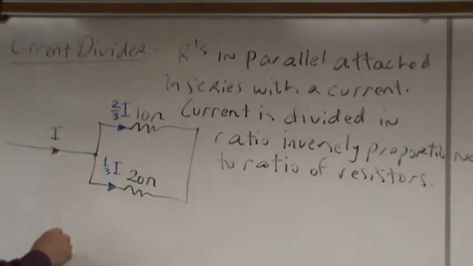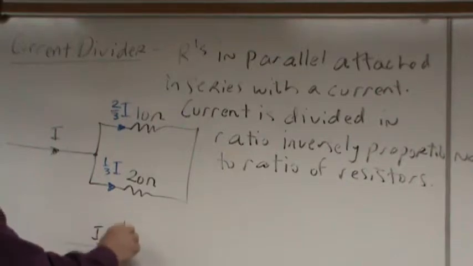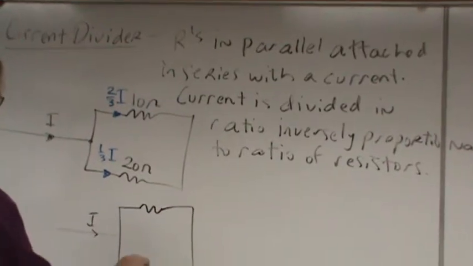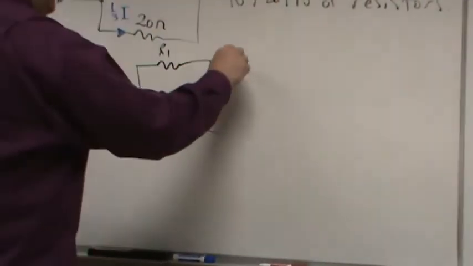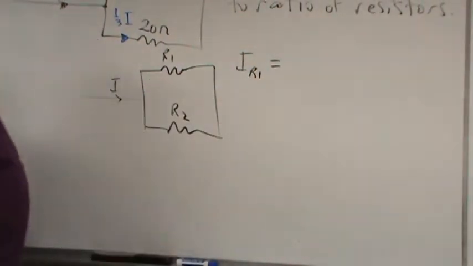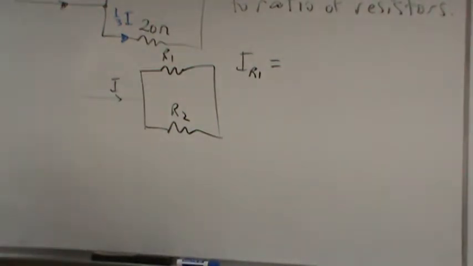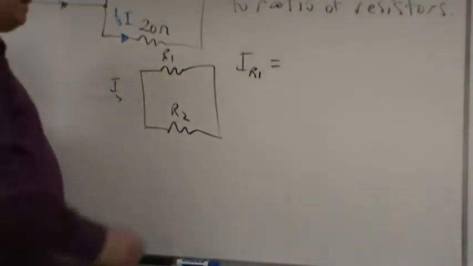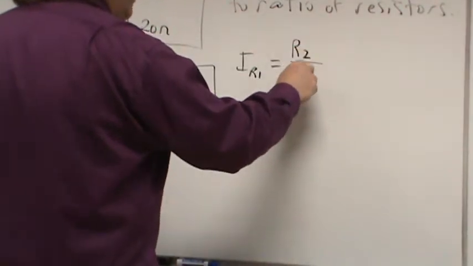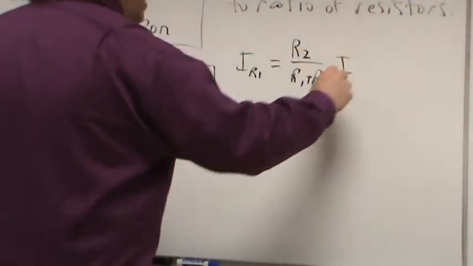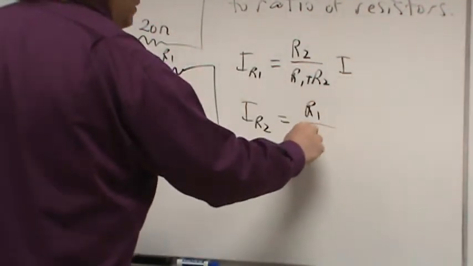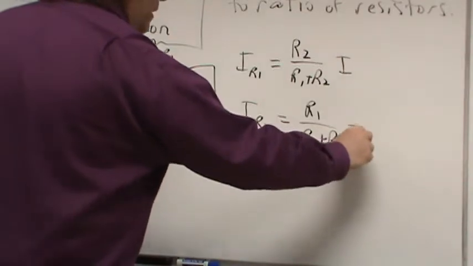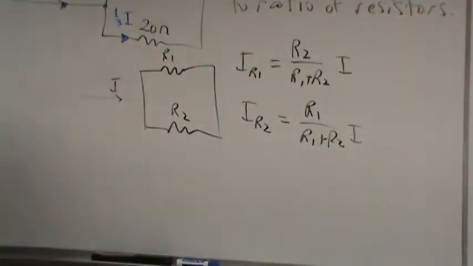If I have some current I going into 2 resistors, R1 and R2, then the current through R1 is R2 over R1 plus R2 times I. And the current through R2 is R1 over R1 plus R2 times I. It's the opposite of the voltage divider rule.